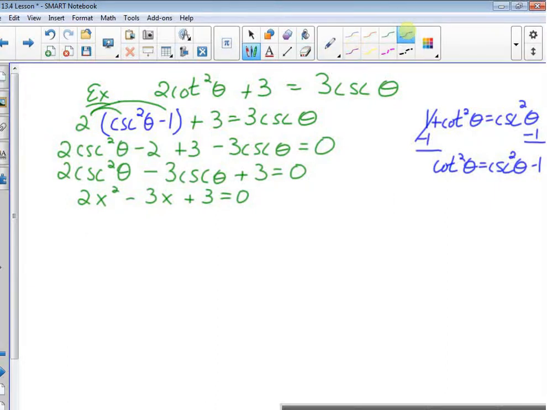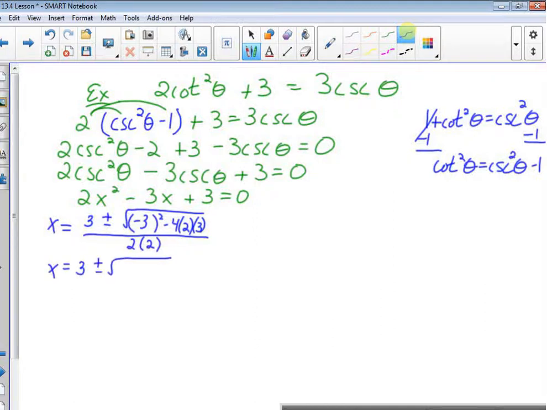All right, so x equals negative b plus or minus square root b squared minus 4ac all over 2a. So we get 3 plus or minus 9.